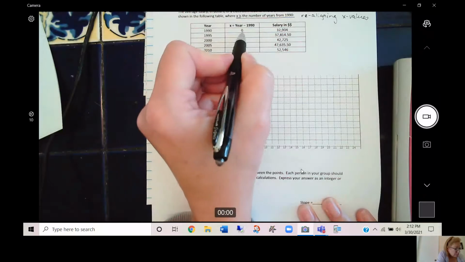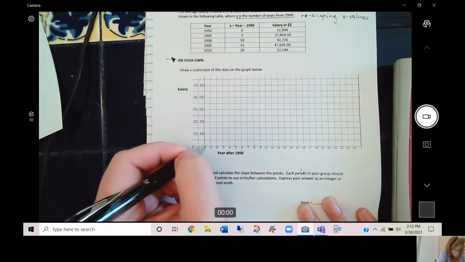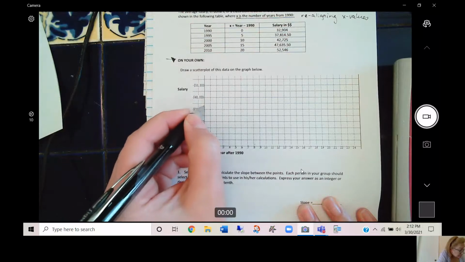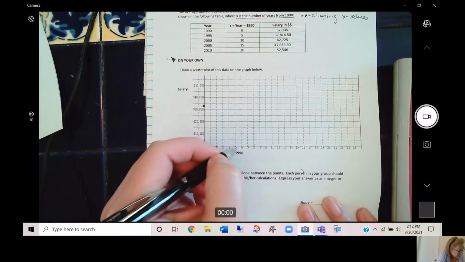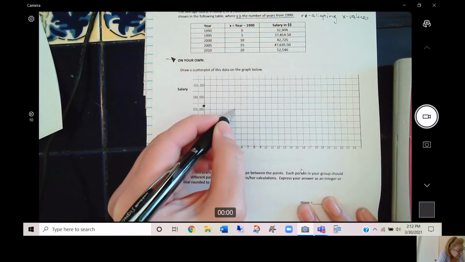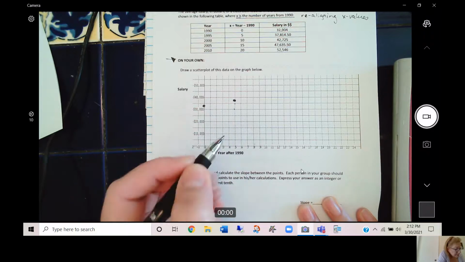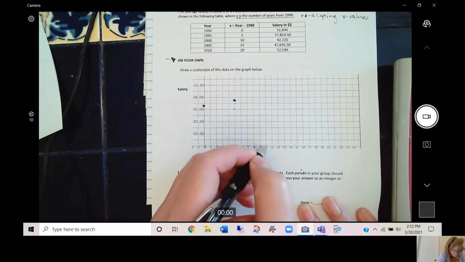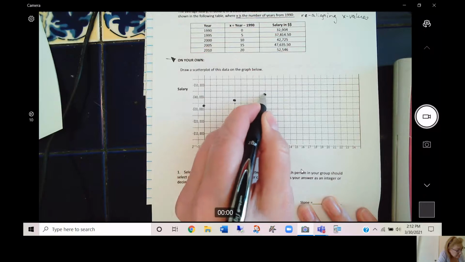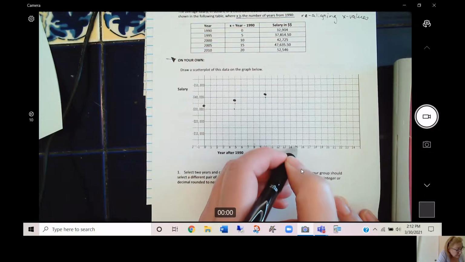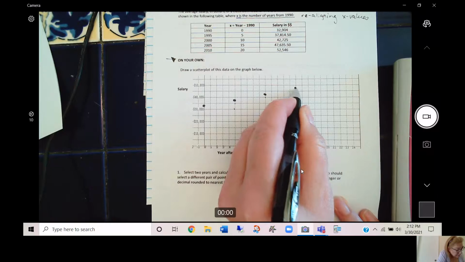All right, so our first point, we're going to treat X as 0 and Y as 32,000, almost 33. So X is 0, somewhere between 30 and 35. 5 years is 37.8, probably something in there. 10 years is 42.7, probably right in there. 15 is 47.6, probably right in the middle there.